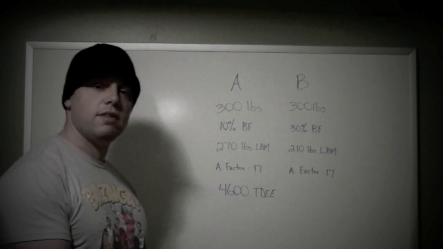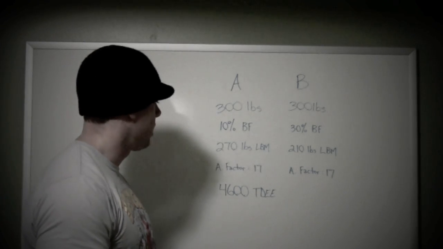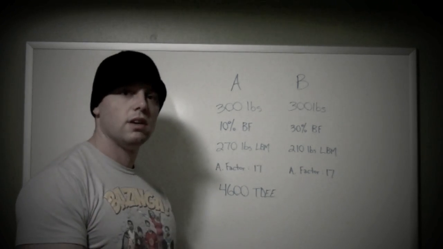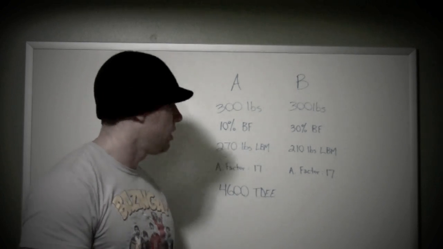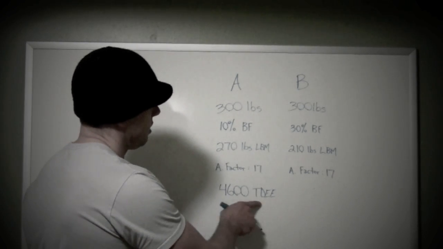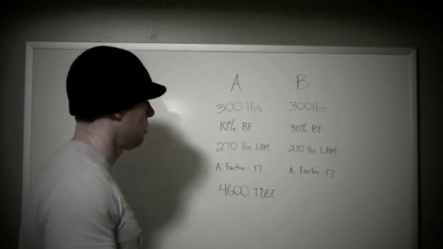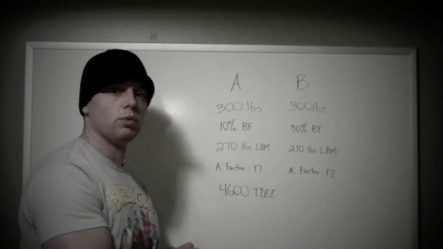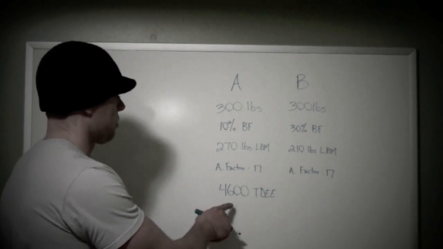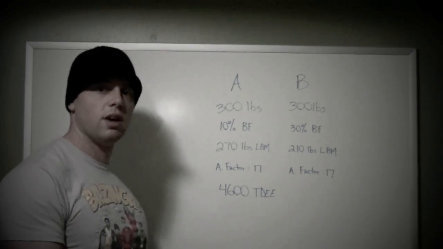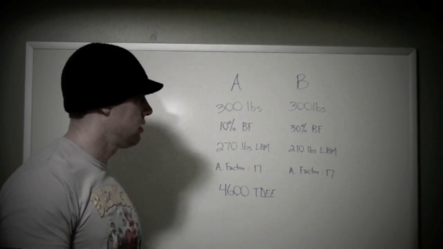And since activity factor is factored in, training frequency, job type, age, all those things, we can say that this is the total daily energy expenditure, or TDEE. So this is the finalized rough maintenance level for person A, 4,600 calories per day maintenance.